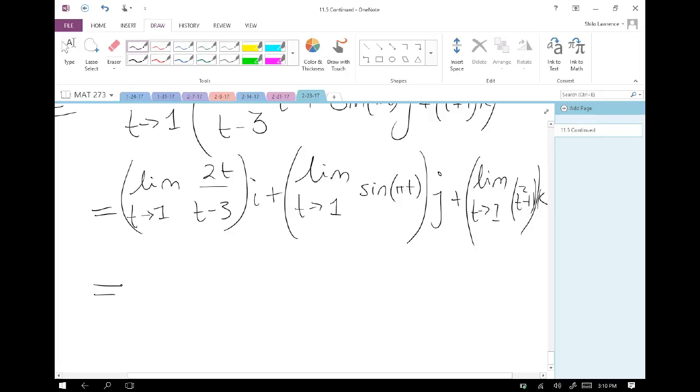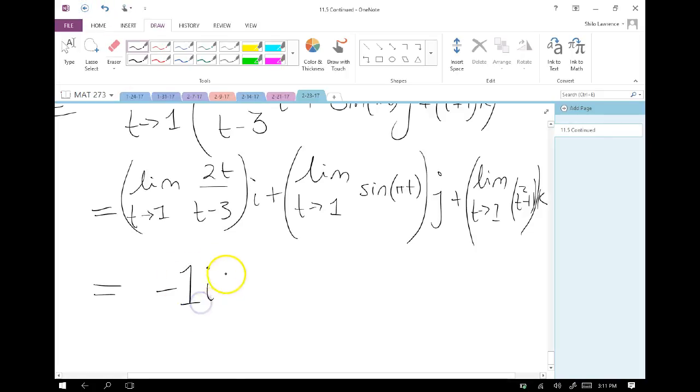So if we plug in 1, we get negative 1i, because we get 2 over negative 2. We get sine of pi. What's the sine of pi? 0. You can write 0j if you want to. I'm going to write it this time.